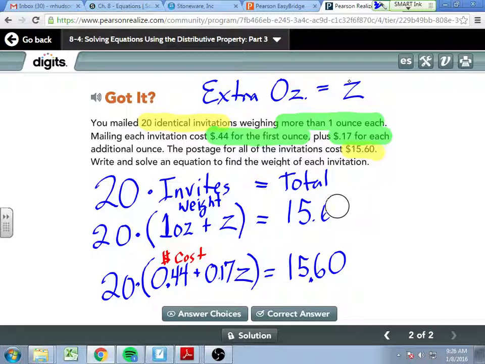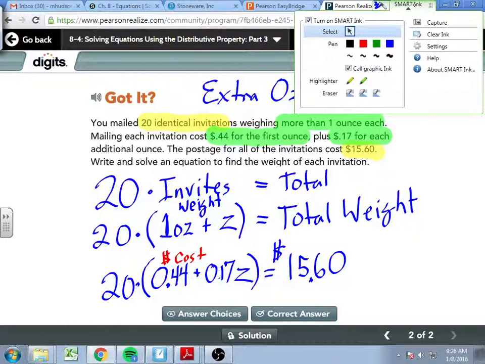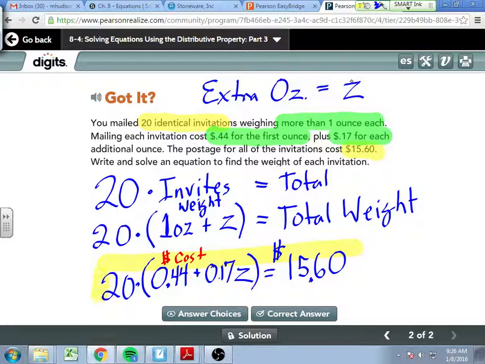Which actually here, this middle step that I have written out, I don't know what all you wrote on your paper, but this is actually the total weight. And now that we replace these values with the cost, now this is my total cost. So really what's important to have on your paper is when we get to this point, we're dealing with our total cost.